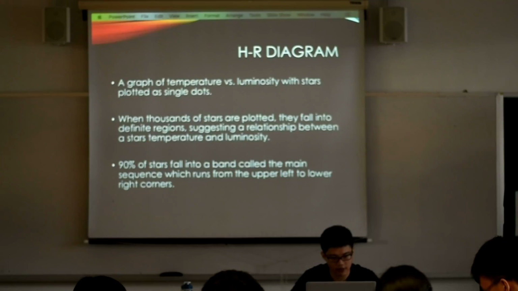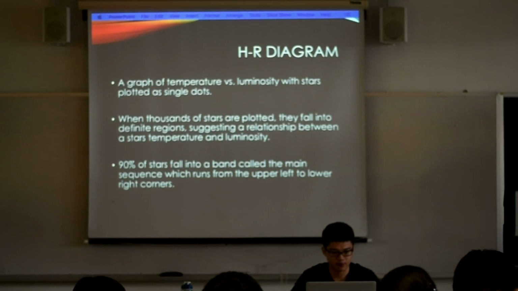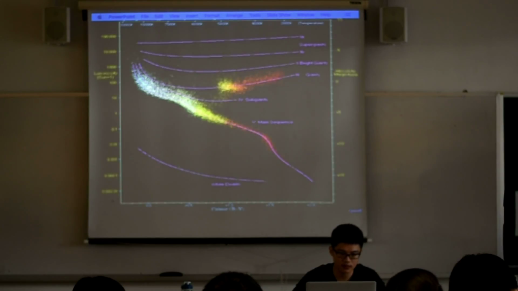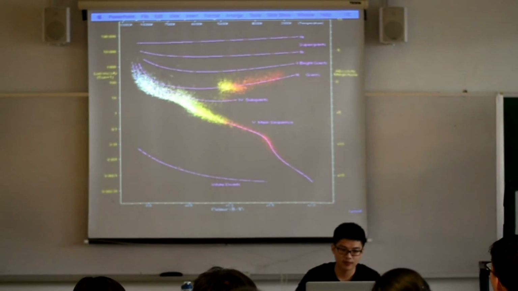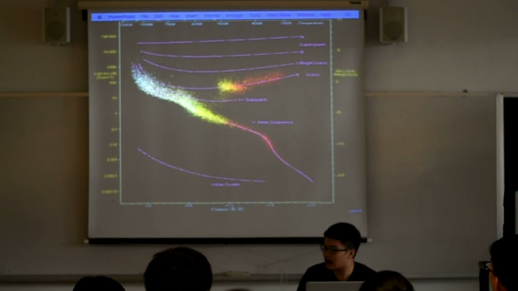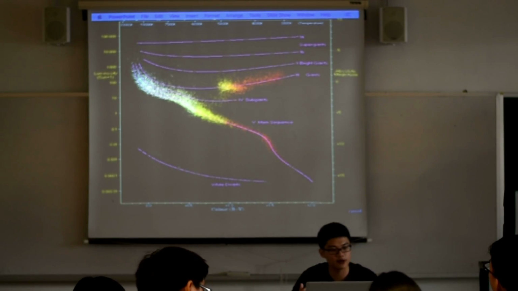From this kind of diagram, we can see the characteristics of stars easily. This is one example of the HR diagram. From left to right is higher temperature to lower temperature. From up to down is higher luminosity to lower luminosity.